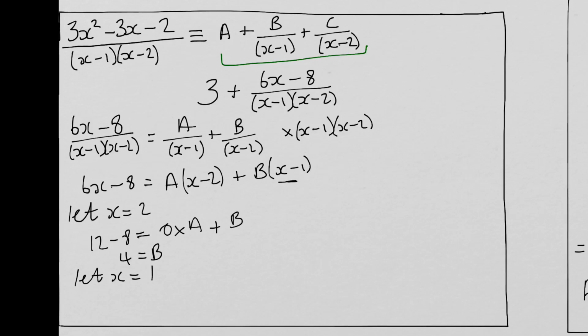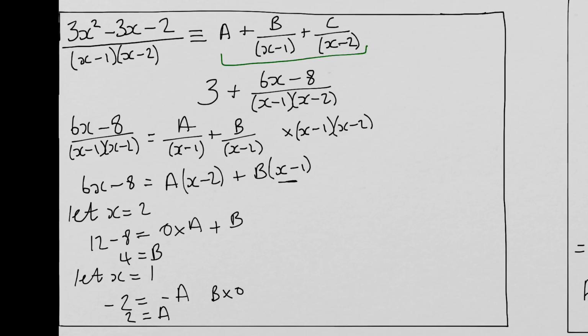So on the left-hand side, I'm going to get 6, take away 8, which is minus 2. And on the right-hand side, I know that the b is going to be multiplied by 0. That's the whole point of choosing 1. And then I'm going to have 1 minus 2, so minus a. So if minus 2 is equal to minus a, it follows that 2 is equal to a.